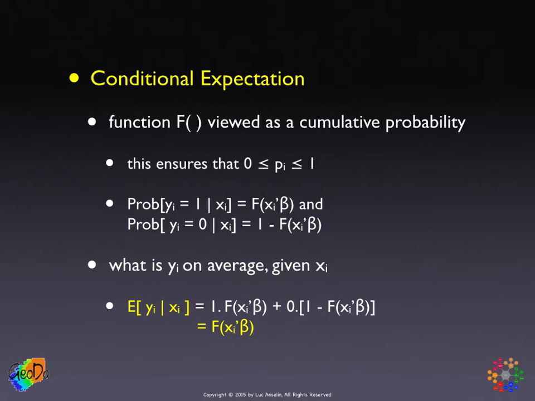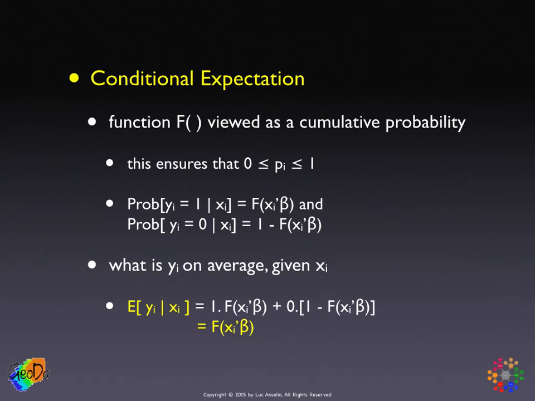And then the complement, the probability that nothing happens given the characteristics, is 1 minus f. And so that ensures that this function f has the right values. And so then we're going to be interested in picking a particular function f.